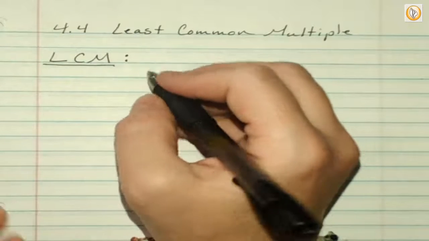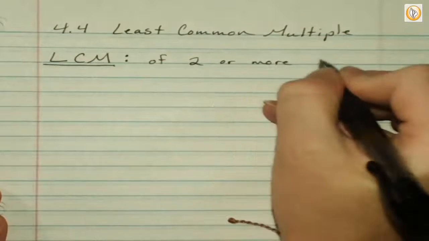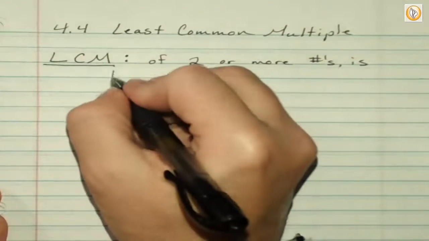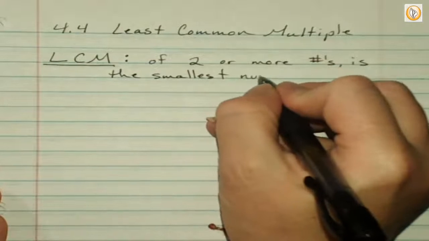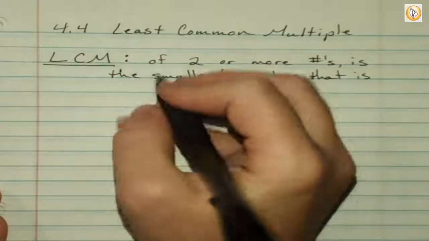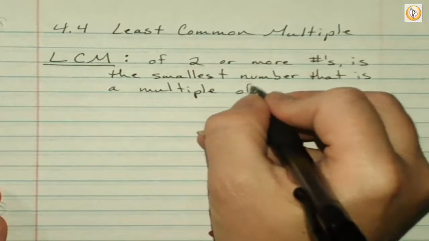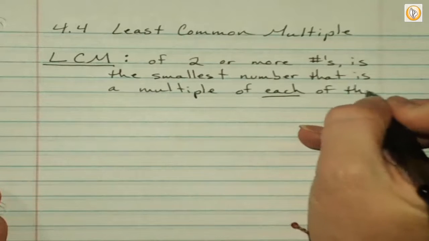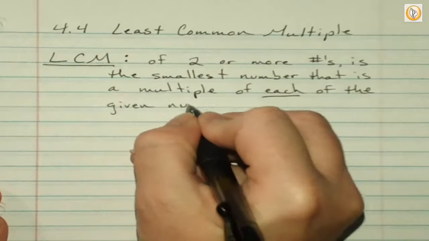Okay, here we go. Least common multiple of 2 or more numbers is the smallest number that is a multiple of each of the given numbers.